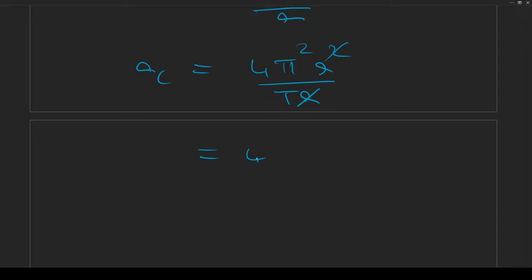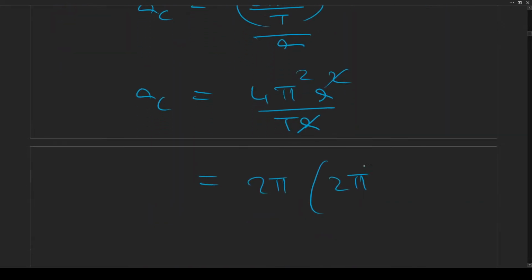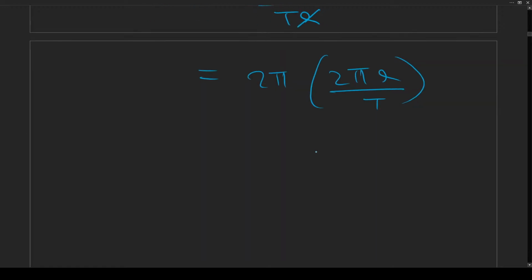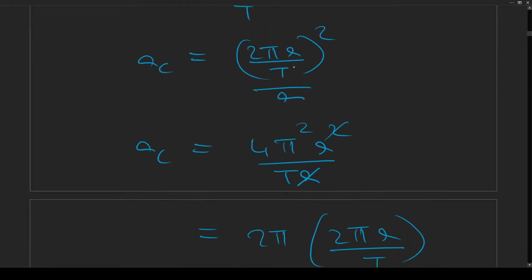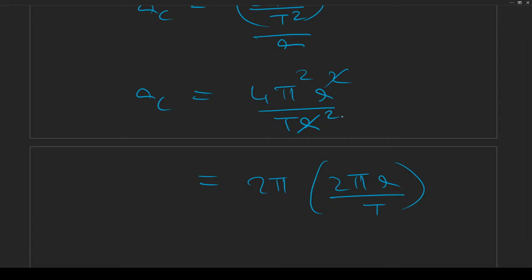Now we take 2π outside and write it as 2π times 2πr by t, and there is t square as well, so there will be one t here, and 2πr by t we know is velocity.